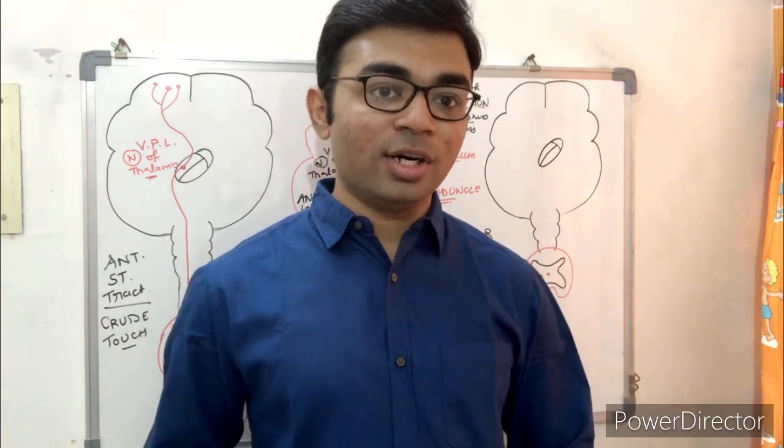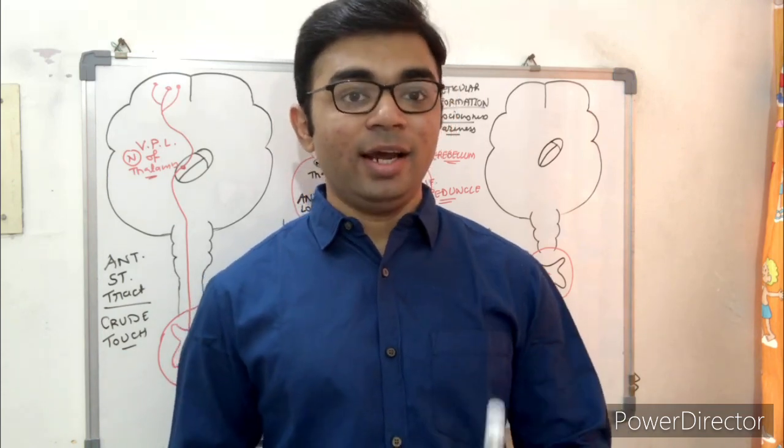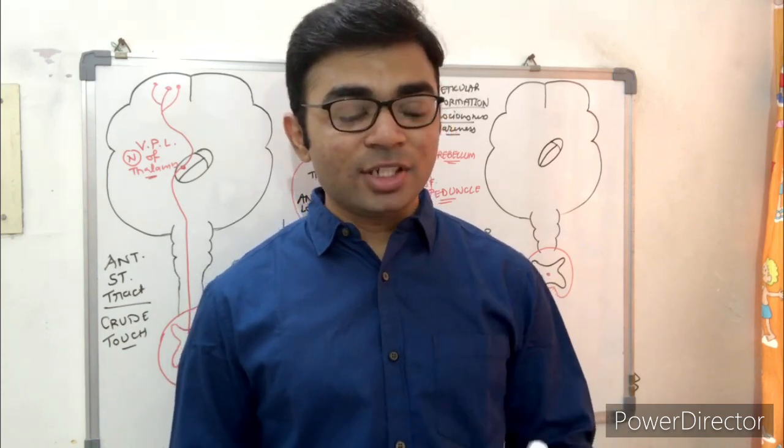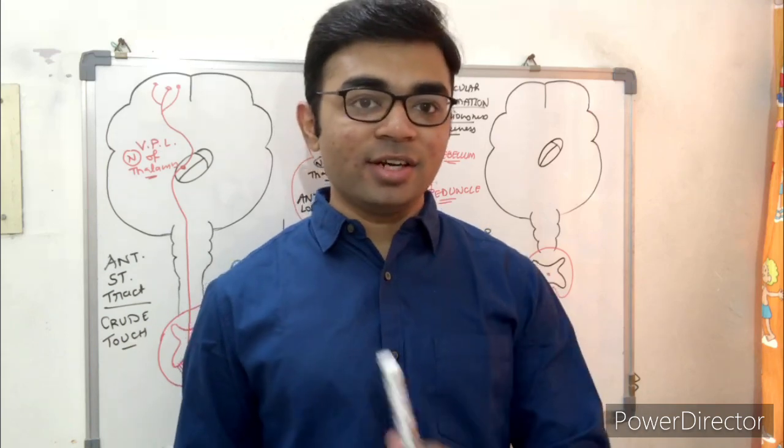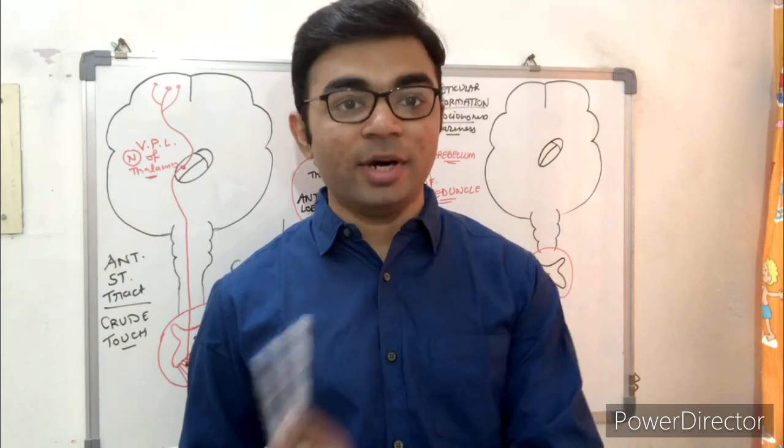So it is very important to understand the posterior white column tract, also known as the fasciculus cuneatus and the fasciculus gracilis, or the third name, the tract of Goll and Burdach.